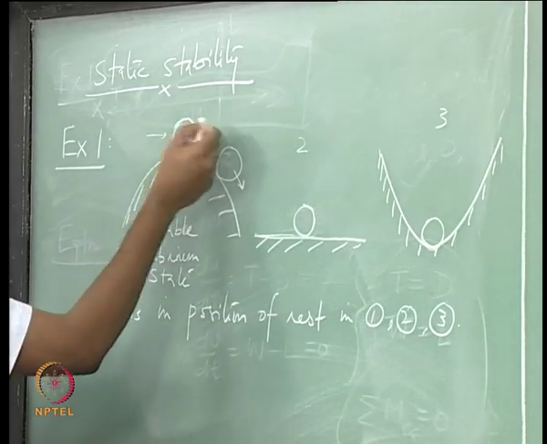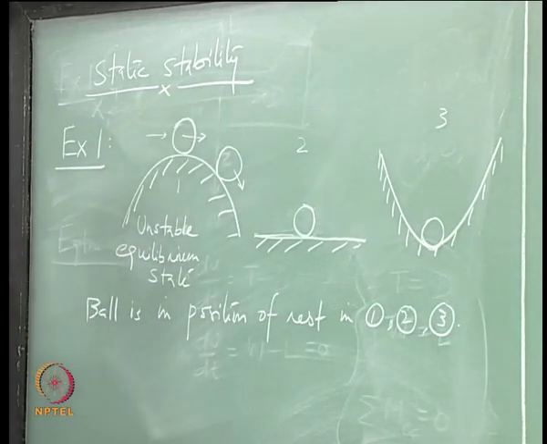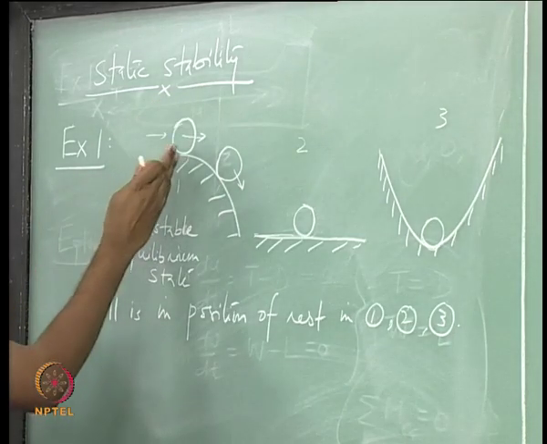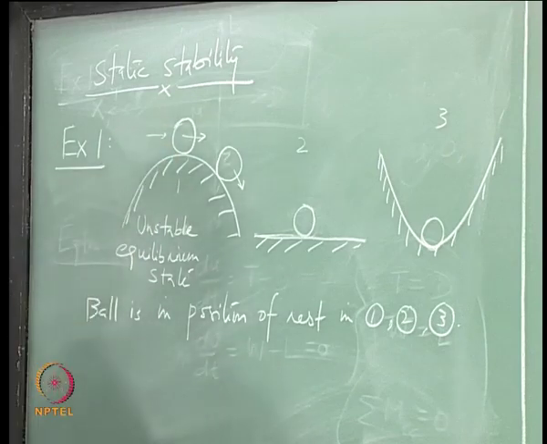When you hit it from the other side, it is going to fall to the other side. So, this position of equilibrium is unstable for this ball.